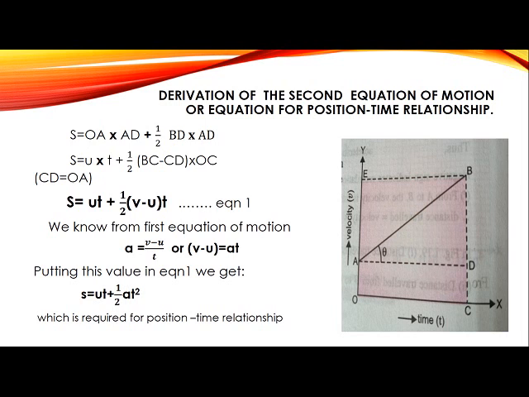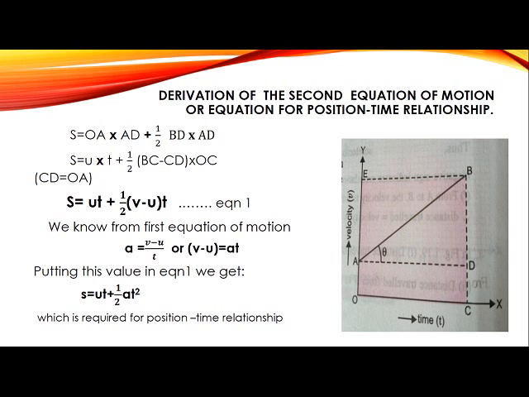Same concept I taught you in the first equation. Into half into AD. AD is also equal to OC, which is actually the time. So our equation becomes s = u × t + ½ × (v − u) × t, and let us call this equation number 1.